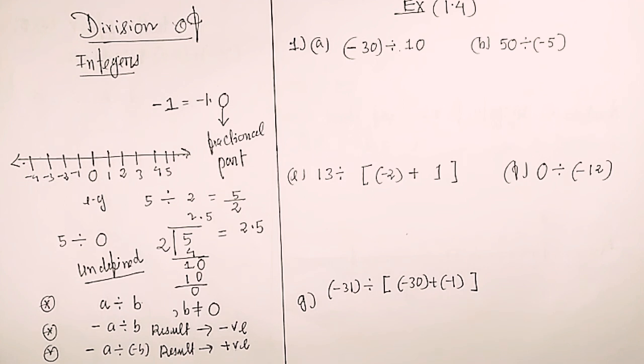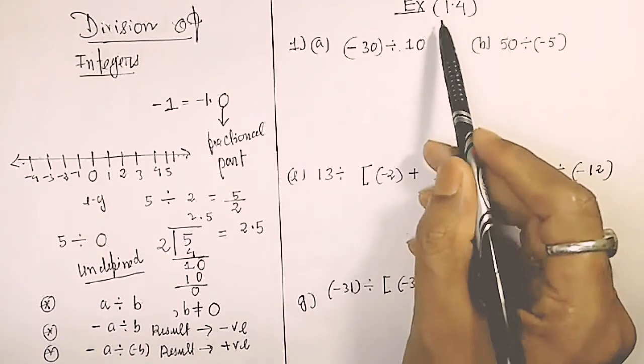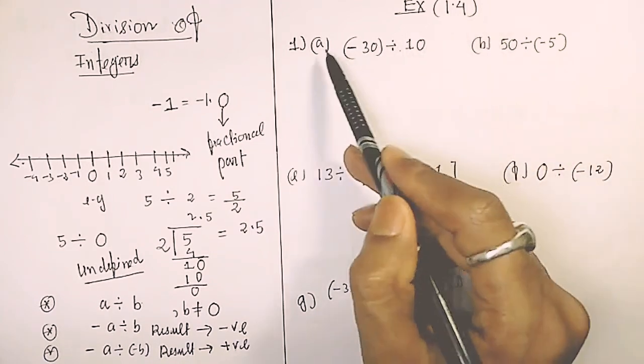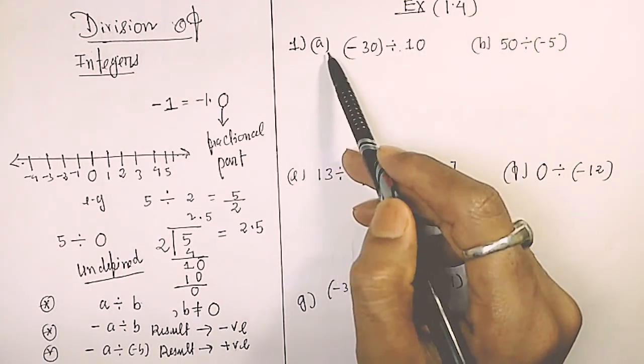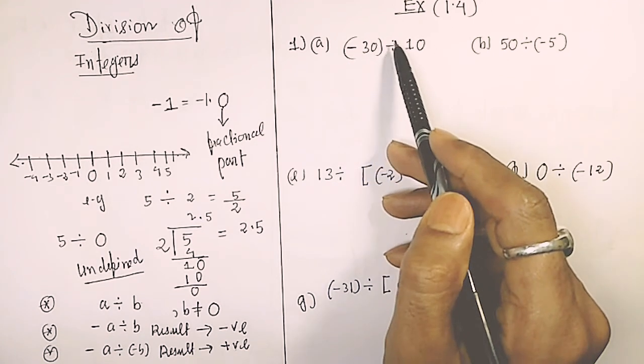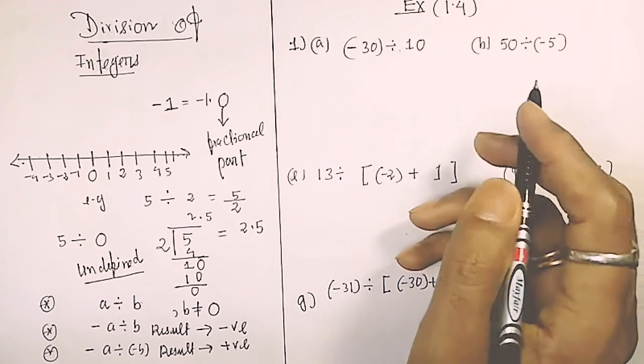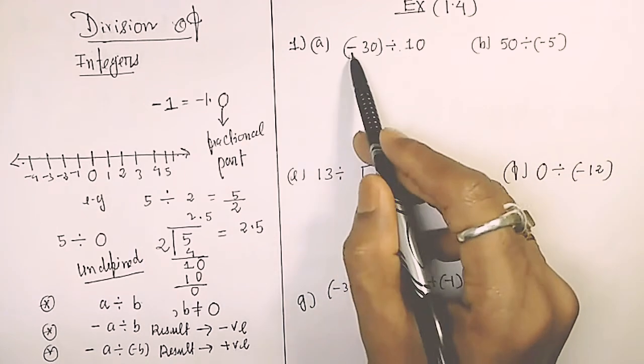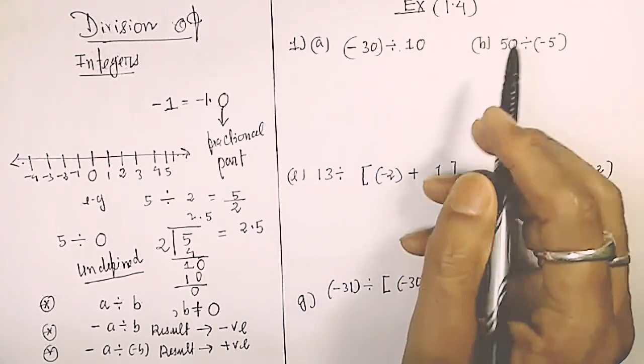Now let's move to exercise 1.4. In exercise 1.4, this is question number 1A in front of you. Minus 30 we should divide by 10.